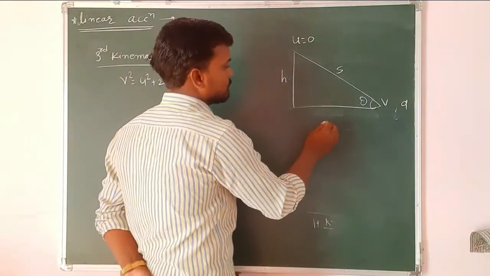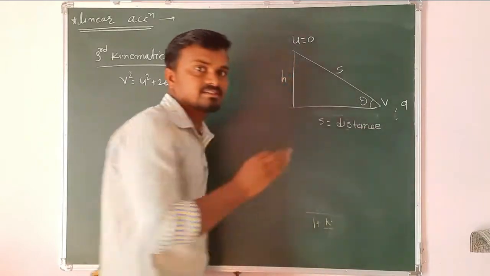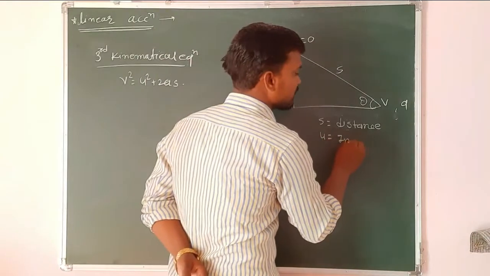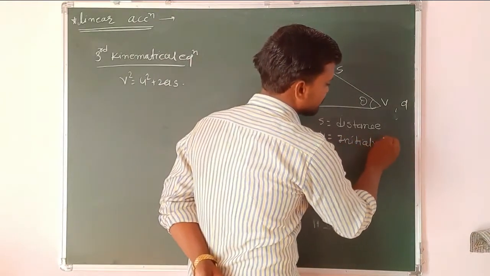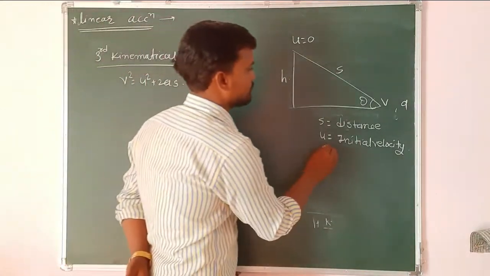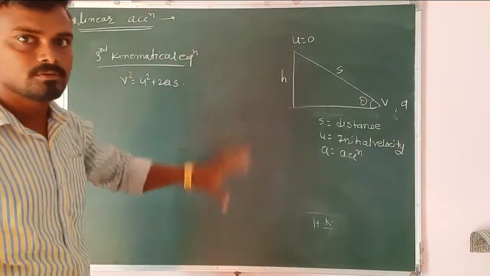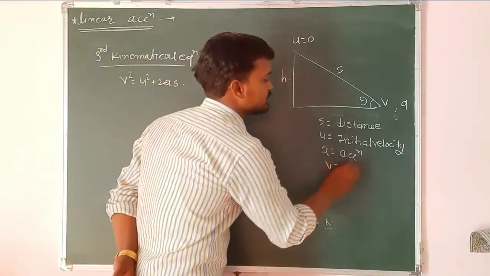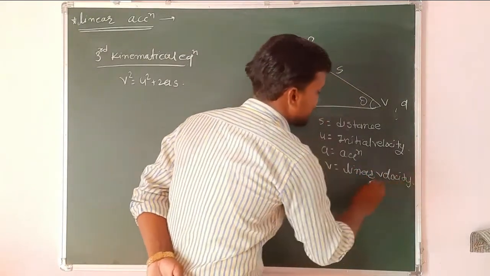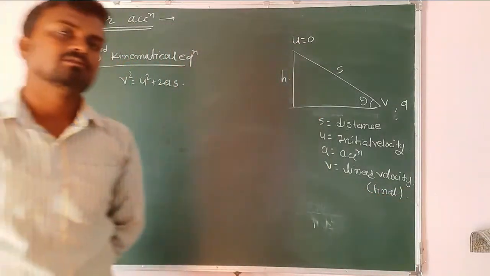What do we have? s is the distance covered from top to the bottom. u is the initial velocity, which is 0. a is the acceleration with which the object rolls down from top to the bottom. And v is the linear velocity, or we can say the final velocity also.